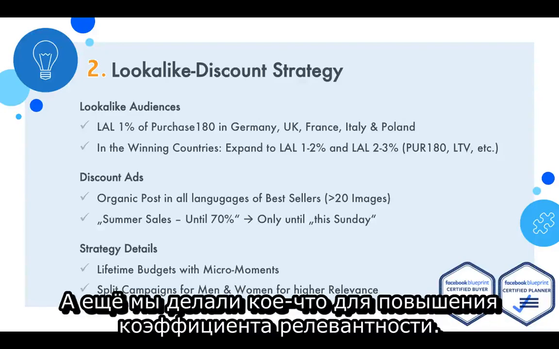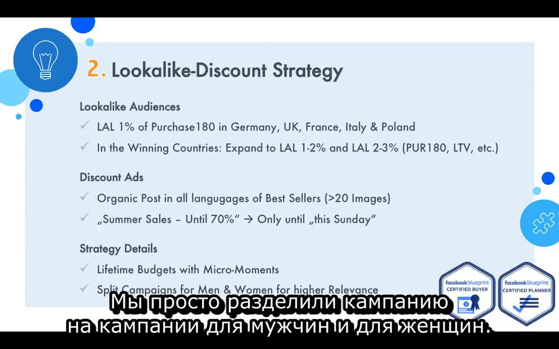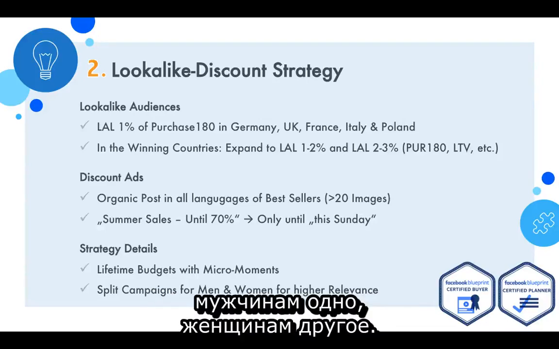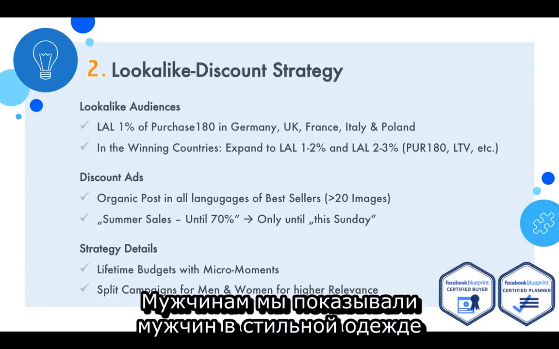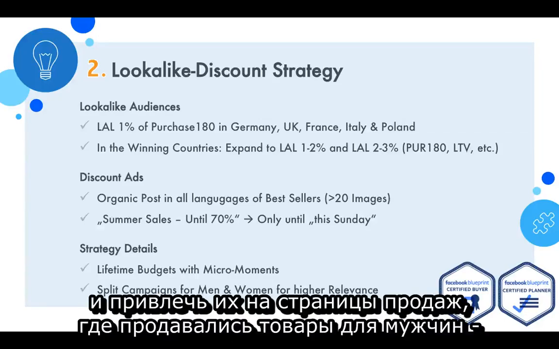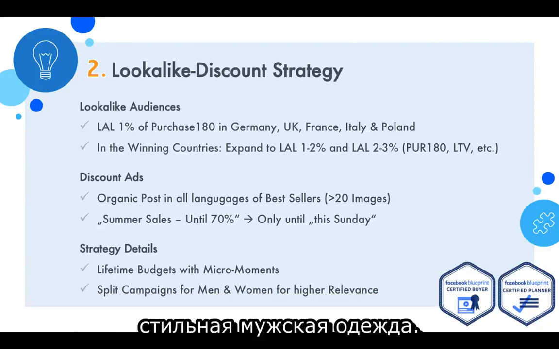We also did something in order to increase the relevance score, which was that we separated the campaign into men and women. So we showed different ads to men than to women. To men we showed either men with nice looking clothes or good looking women to get their attention, and then brought them to a sales page where we sold them male products, so good looking clothes for men.